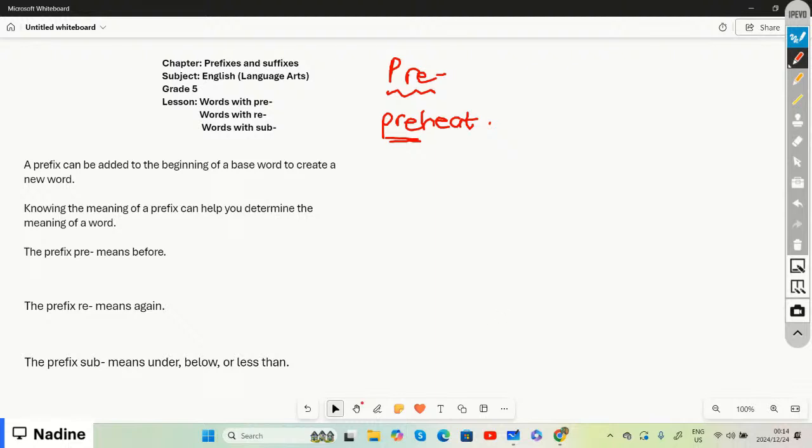If you look at another word that is added to the beginning of a base word, then pre-made.